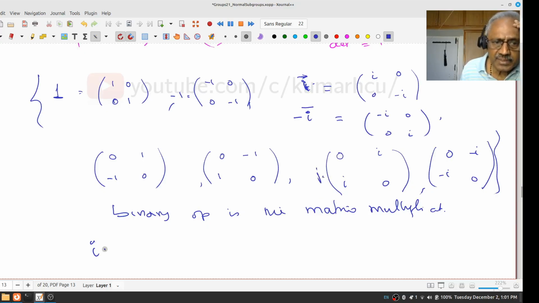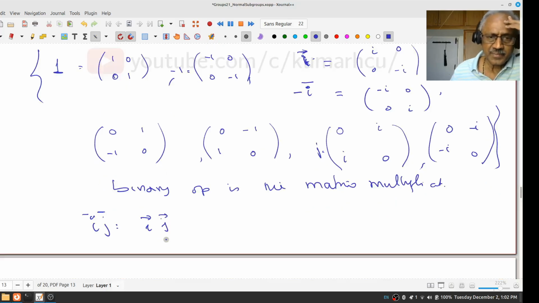Now let us look at what is ij. This is bold. I do not know how to write it, so I'm just writing it. You know the vector notation, right? Think of it that way. Therefore, it's going to be i is going to be i, 0, 0, minus i, j. I just want to make sure only one. After that, I'm going to leave it to you. I'm not going to do that.